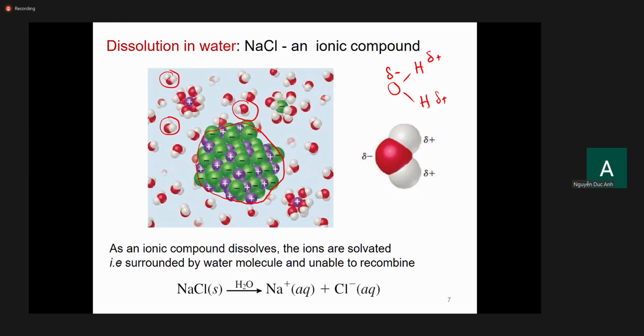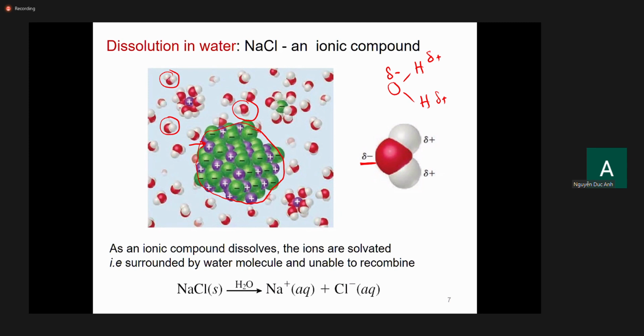So now there will be interactions between the water molecule with its negative and positive dipole and the negative and positive charges in the sodium chloride crystal. The negative part on the oxygens will prefer to attract the positive charge of the sodium ions.